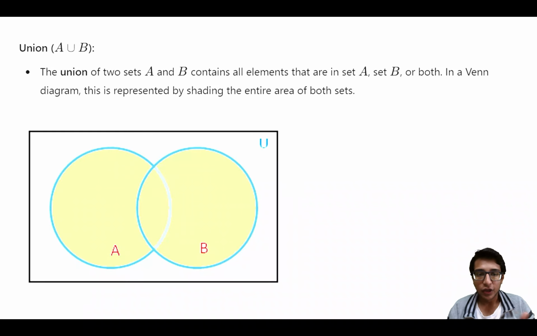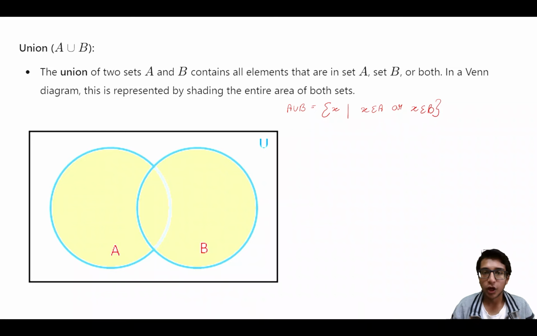Now again, different operations, starting with union. A union B of any two sets A and B contains all elements of A and B. If I were to represent this in set builder form, how can I write it down? I can say {x : x belongs to A or x belongs to B}.